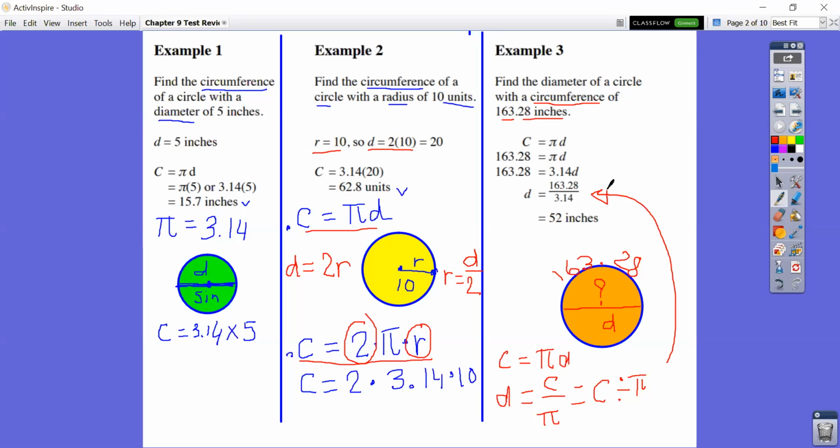So that's how they get the answer for you, 52 inches. So technically they take 163.28 divided by 3.14. So that's why they get you the answer. Okay. All right. Moving on to the next example.